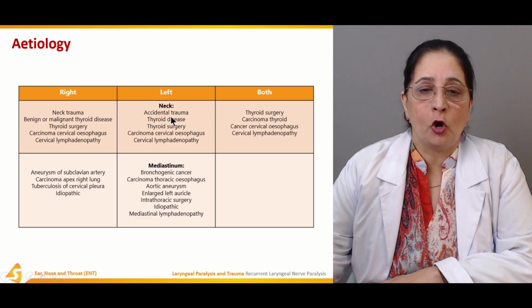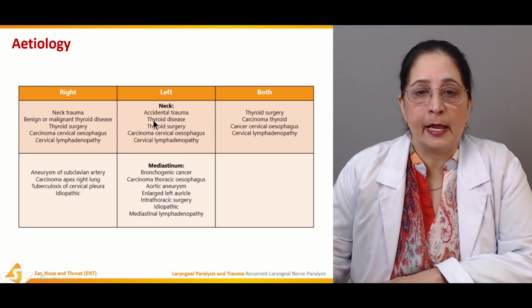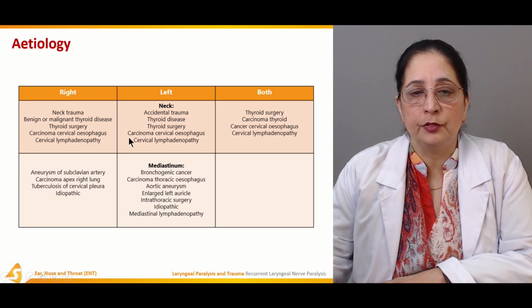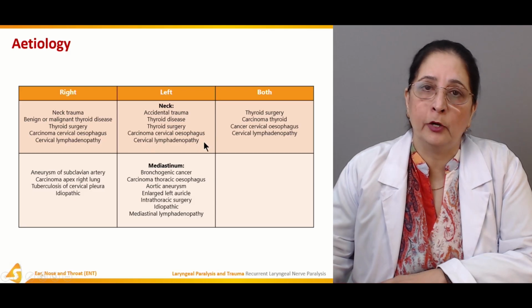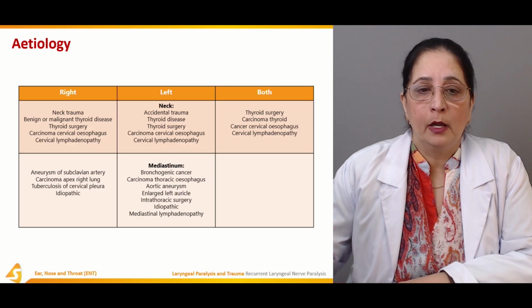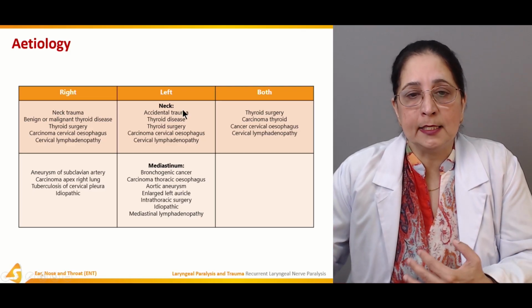For the left, the causes in the neck are accidental trauma, thyroid disease, thyroid surgery, carcinoma of the cervical esophagus, cervical lymphadenopathy. So you see, the causes in the neck are the same for the right and left.